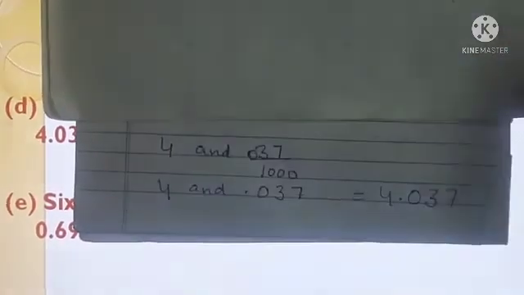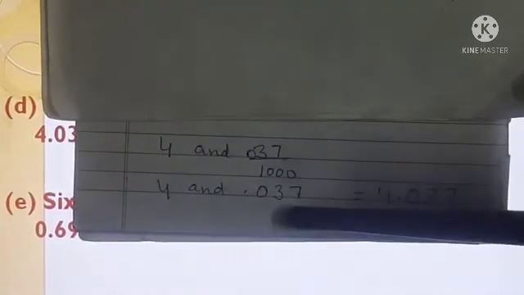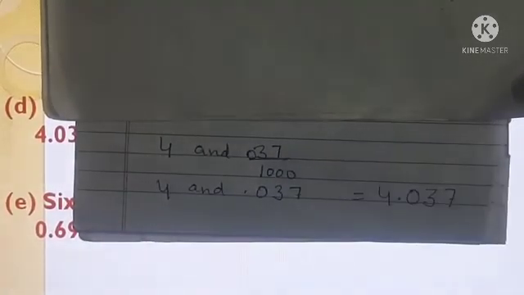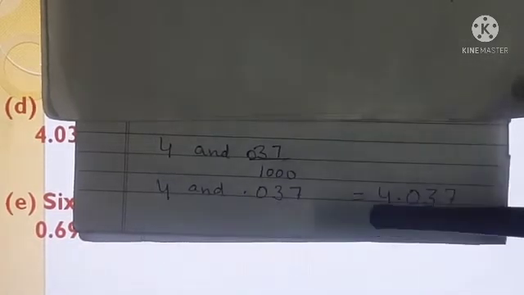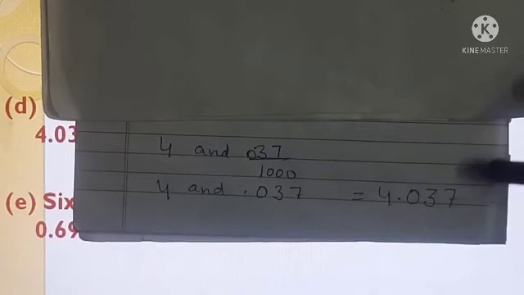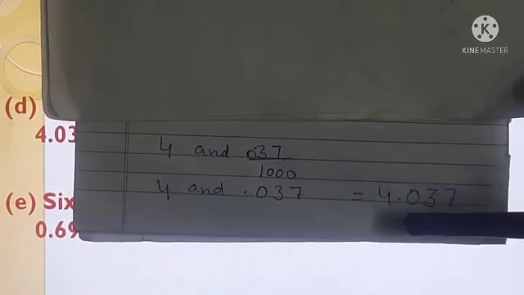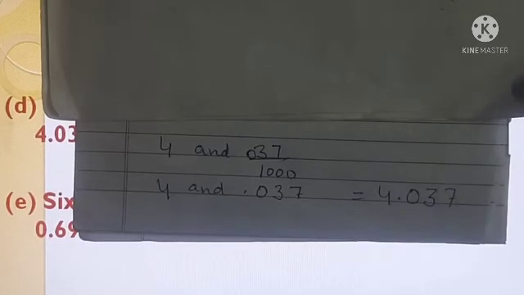If you want, you can put a 0 in the first place also. Right? Now here we will write the decimal. That is 4 and decimal 037. When we are combining these two, it becomes 4.037. That is 4 and 37/1000. The tenths place contains 0, the hundredths place 3 and the thousandths place 7.